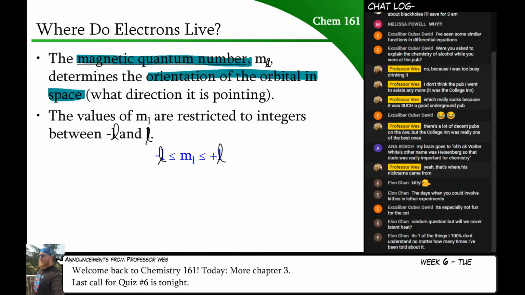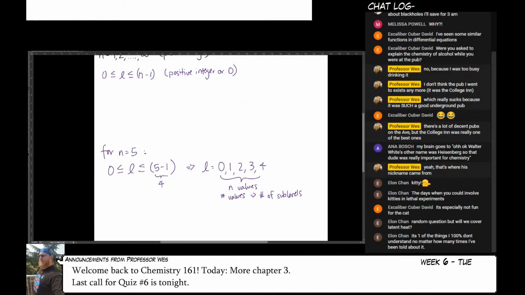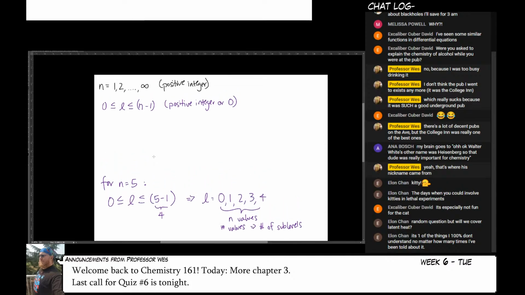So we're going to go to our chart. We're going to put that on there. We'll get a different color even. Now, these can obviously be negative or positive numbers.